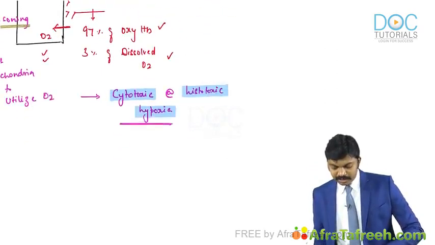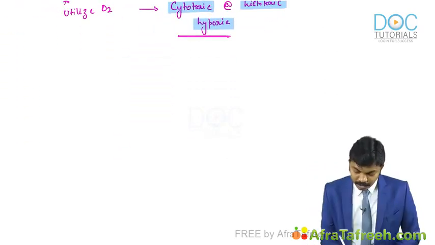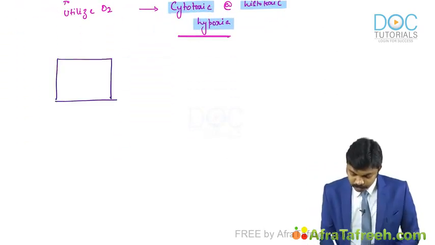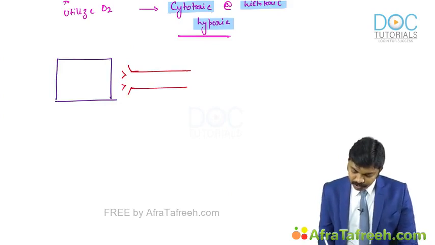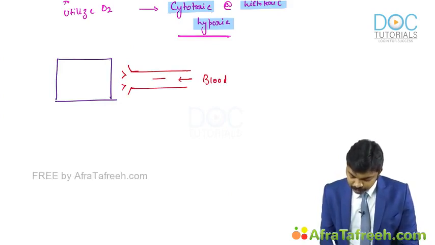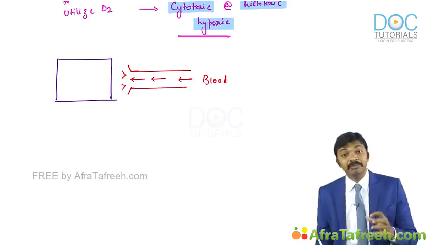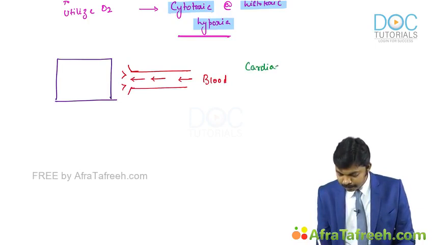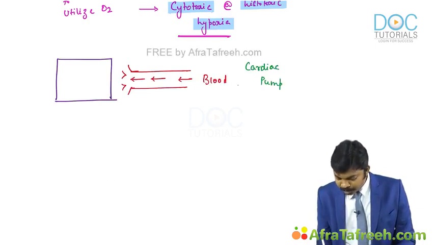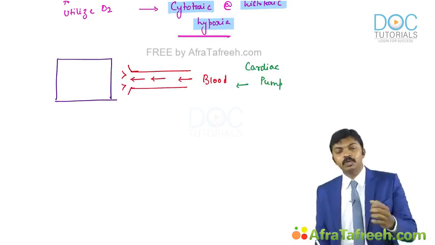Now let us consider the fourth type, doctors. We have a tissue with blood supply. Okay. Now for blood to reach this tissue, the blood needs to be pumped. So we need a cardiac pump to push the blood, to drive the blood to go to the tissues.